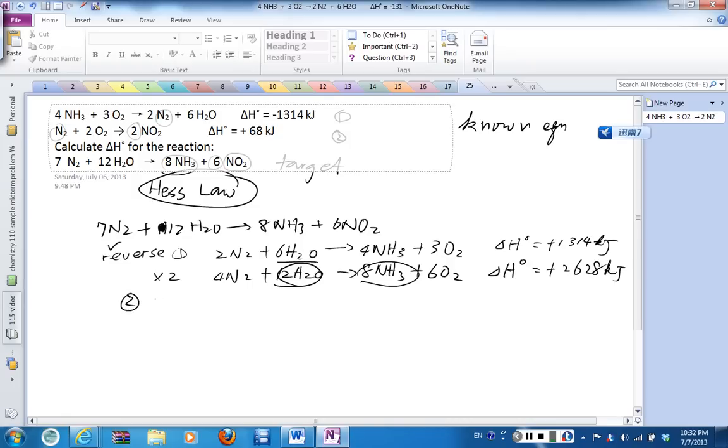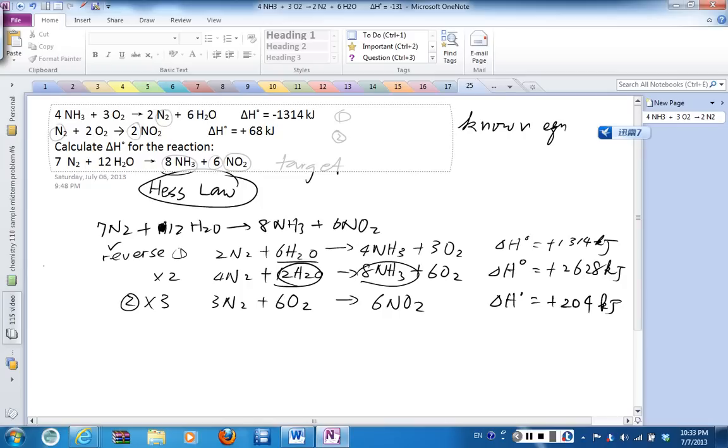We use known equation number 2. Let's triple it: 3 nitrogen, 6 oxygen, 6 NO2. And since we triple the equation, we're going to triple the delta H value, and now that's going to give us positive 204 kilojoules.